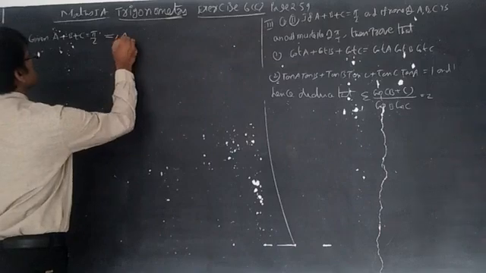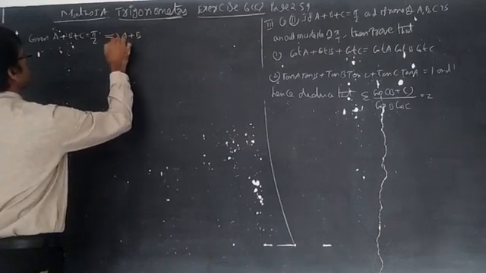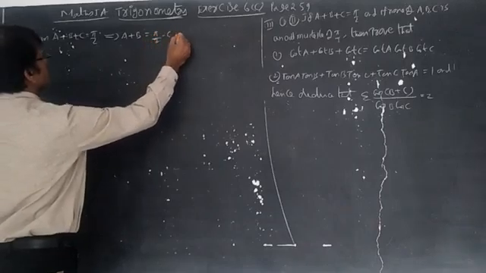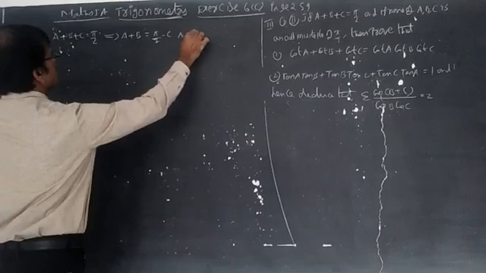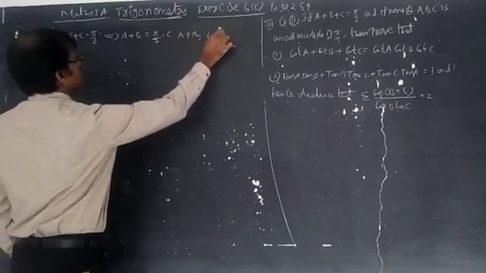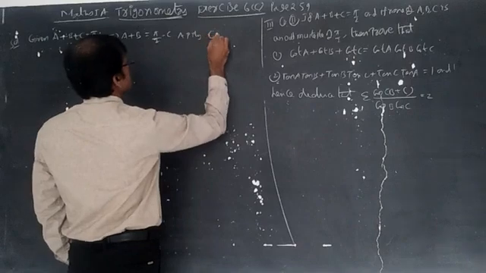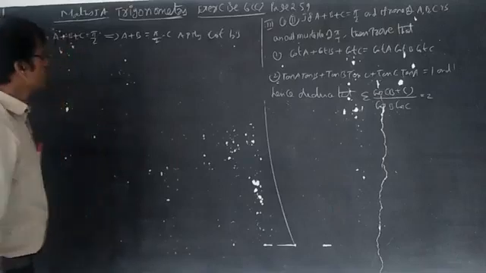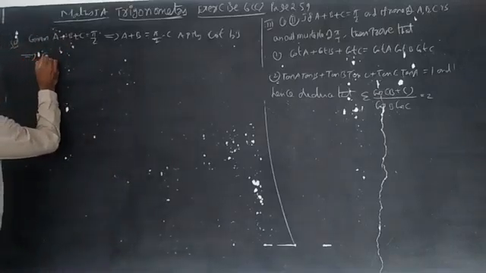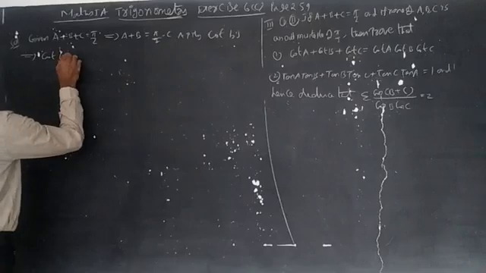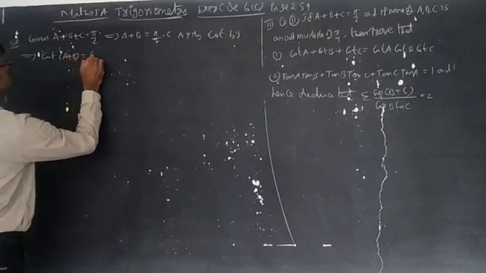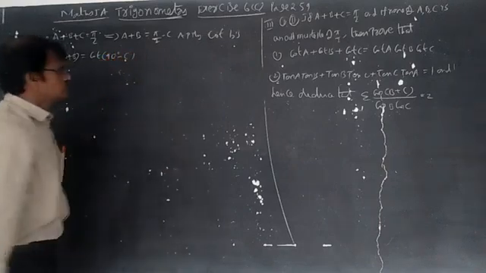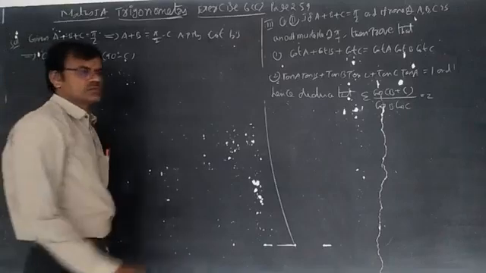That implies A plus B is equal to pi by 2 minus C. Here apply cot both sides. That implies cot of A plus B is equal to cot of 90 minus C. Pi by 2 means 90.